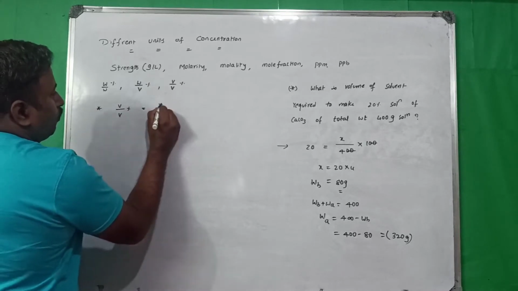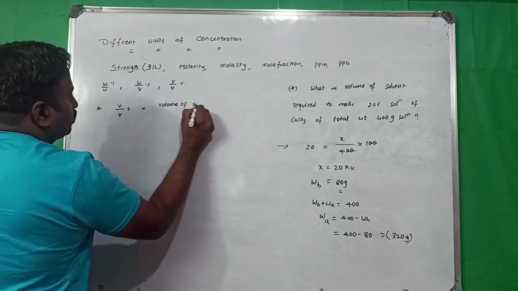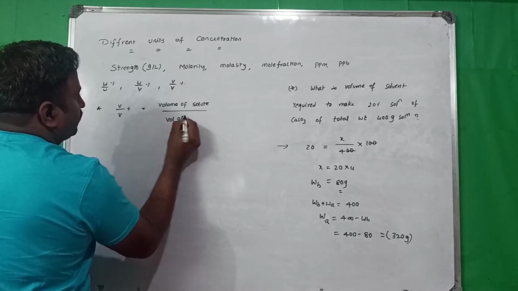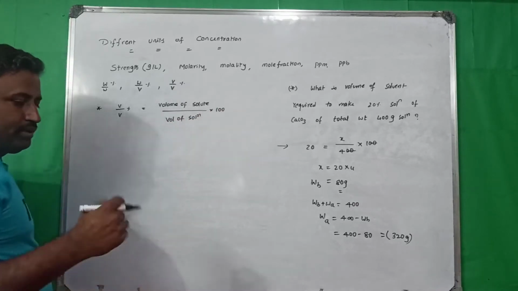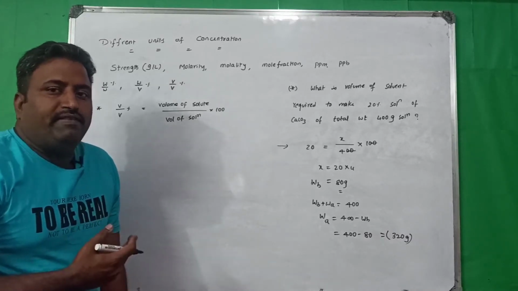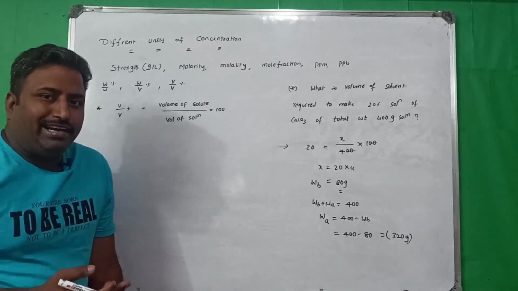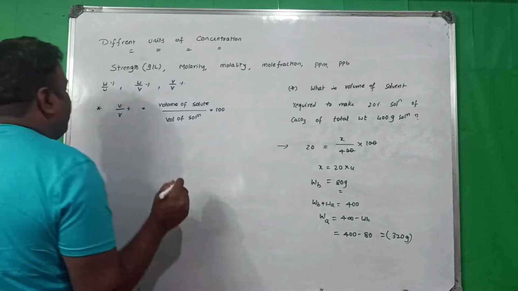Here it is volume of solute upon volume of solution into 100. Previously we measured the solute and solvent in weights. Now we are measuring the solute and solvent in volumes. You can take it in mLs or liters, but preferably we take it in ml.